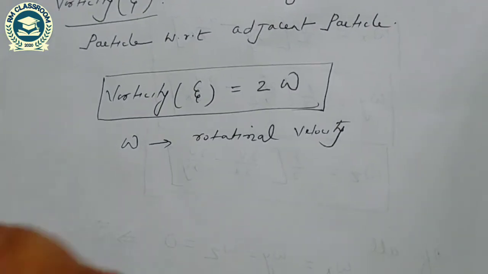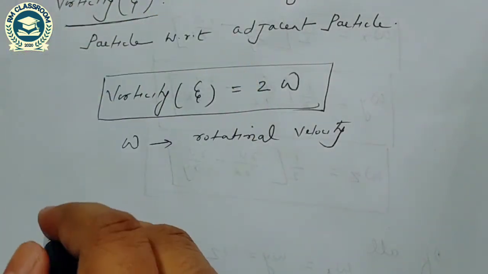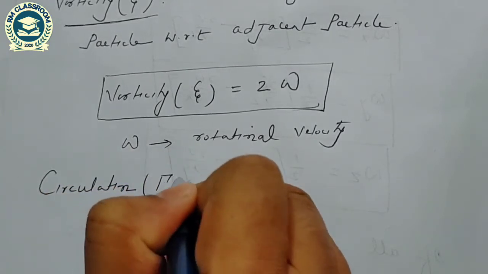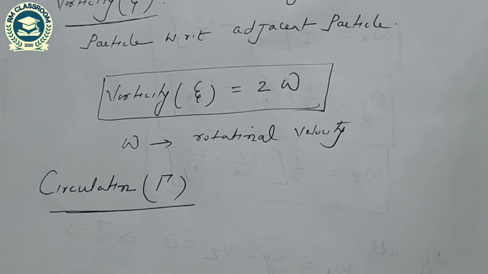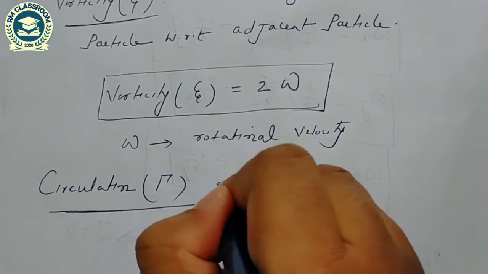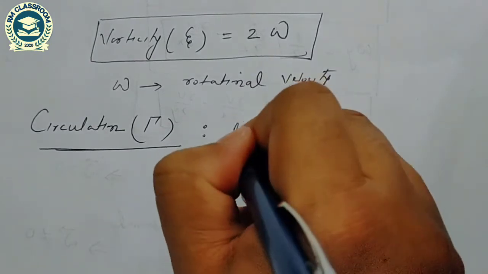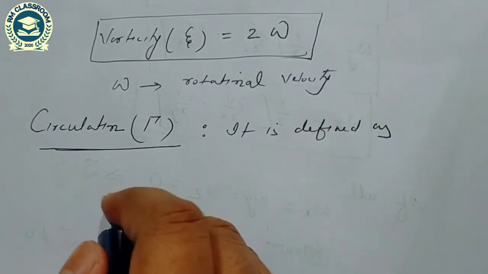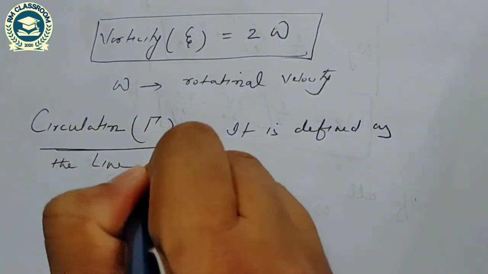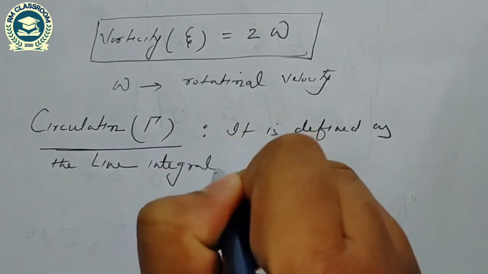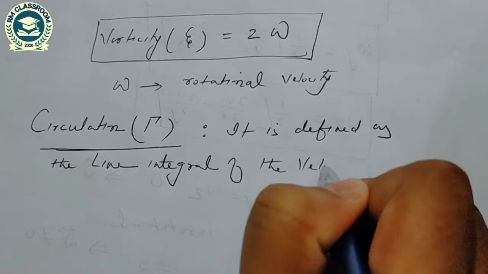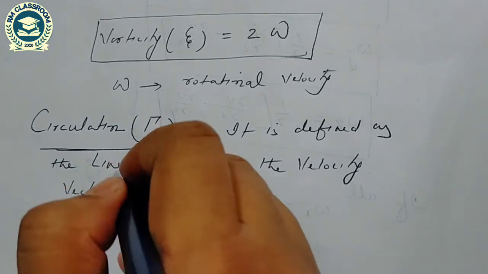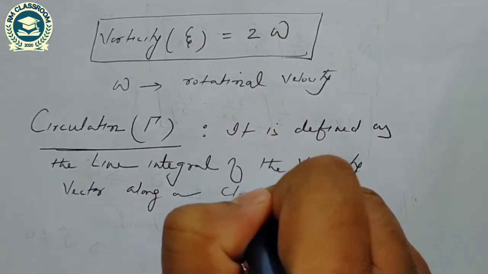And similarly another very important term, that is circulation. Circulation is defined as the line integral of the velocity vector along a closed loop.